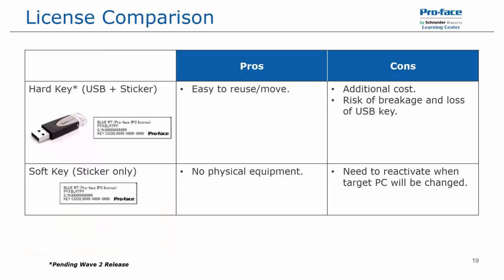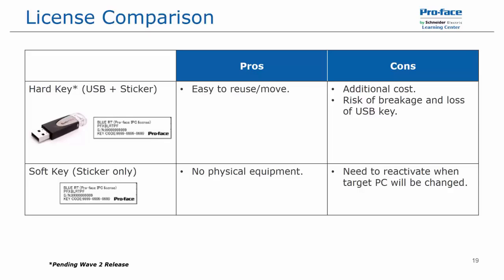A quick license comparison or review of what we've discussed. We have the two major types, the hard key and the soft key. Hard key typically will come with a USB stick and the sticker. Soft key will be a sticker or label only. The pros for the hard key, it's easy to reuse or move around, perfect for development purposes or troubleshooting.